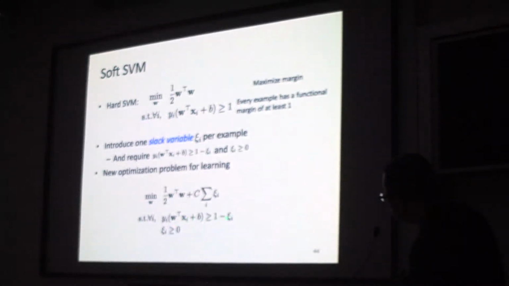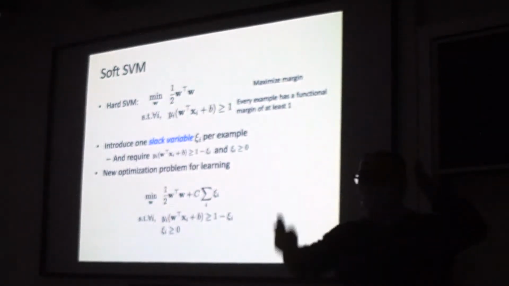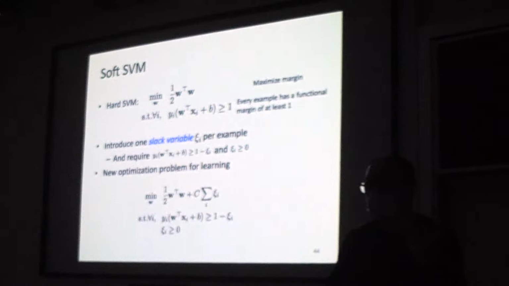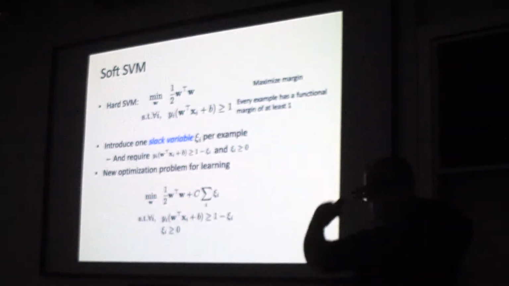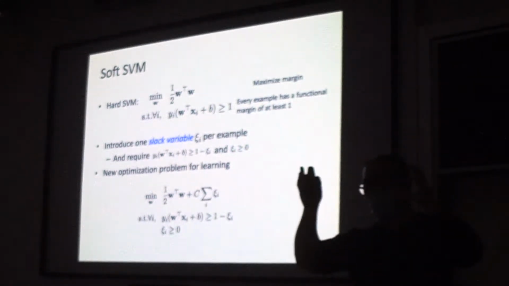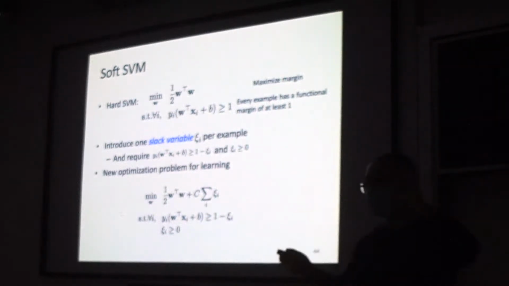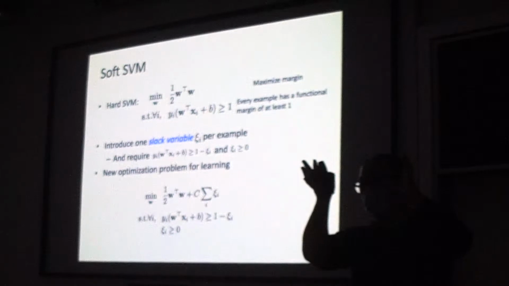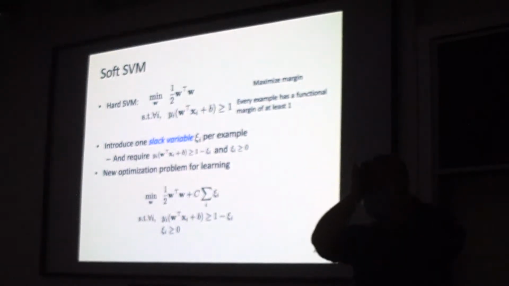And right now, if ξi is not 0, it's bigger than 0, that means this function margin can be less than 1. It means that when I search for a linear classifier, I exclude those outliers. So I only look for a linear classifier which can separate the remaining examples and maximize their margin.